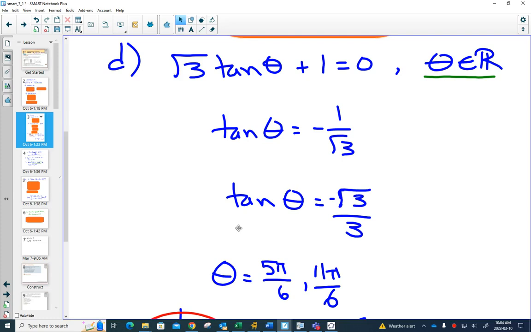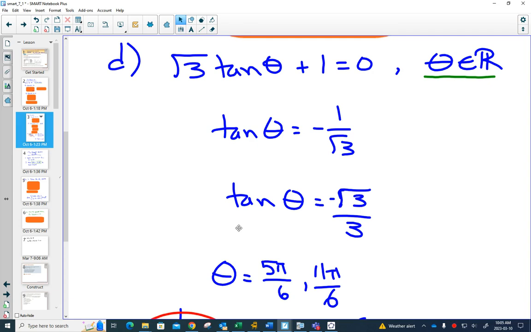For example, let's take 5 pi over 6. 5 pi over 6 is right here on your unit circle. If you add 2 pi, you'd end in the same place, right? How do we write all of the angles coterminal with 5 pi over 6? We just wrote 5 pi over 6 plus 2 pi times k, where k was an integer.